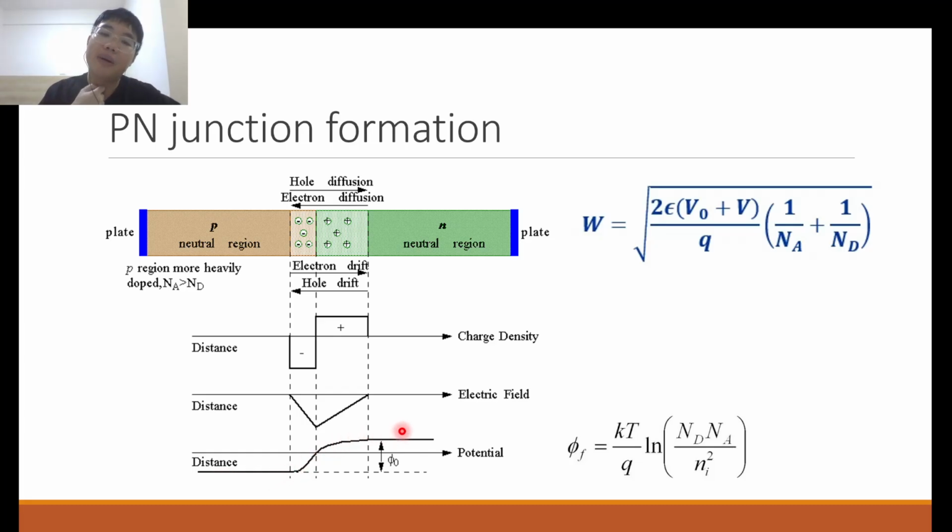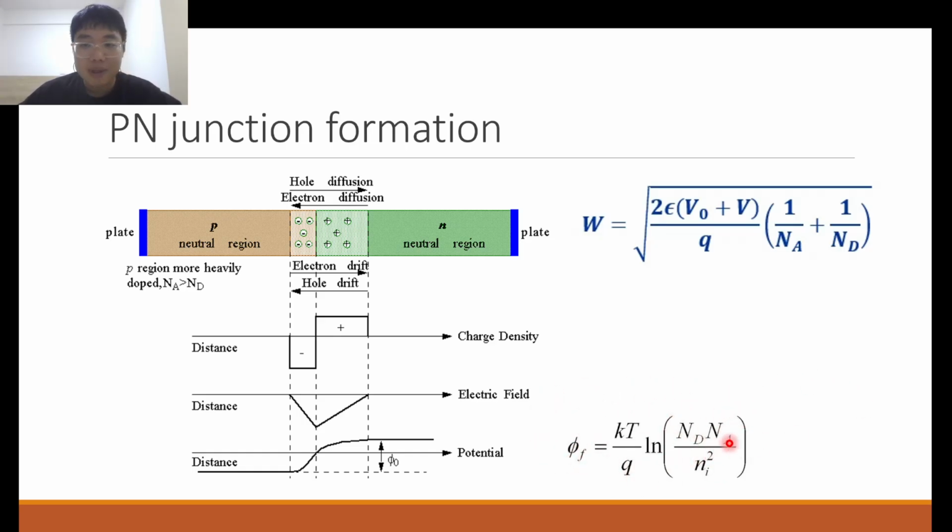Okay. So a few things to take note here would be, firstly, there's this idea of a built-in potential. As you can see over here, the formation of the electric field results in a potential difference between the edge of the depletion region on the N side and the edge of the depletion region on the P side. And so this built-in potential or built-in voltage can be calculated according to this formula.